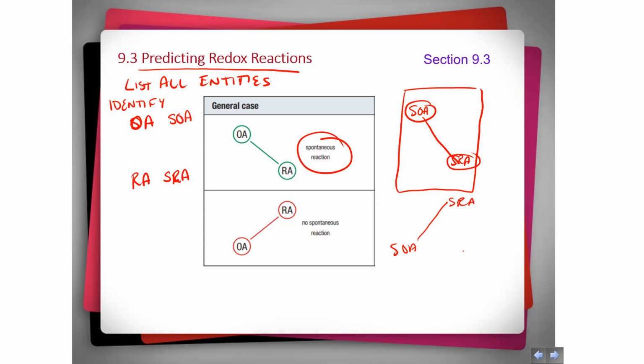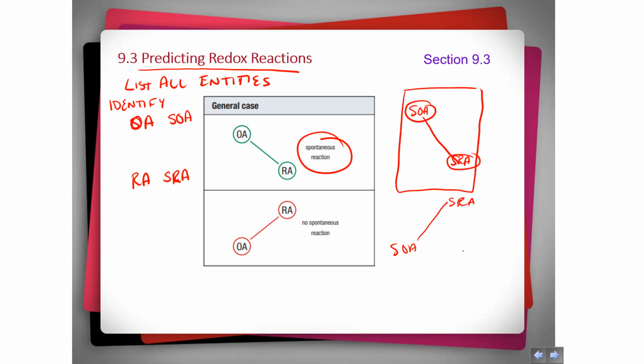So nothing will happen. And I'll give you an example, like if I drop a bar of lead in a solution of hydrochloric acid, will a reaction occur? You can break that down into all the entities and find them on that redox table, and you can identify if a reaction is going to occur.